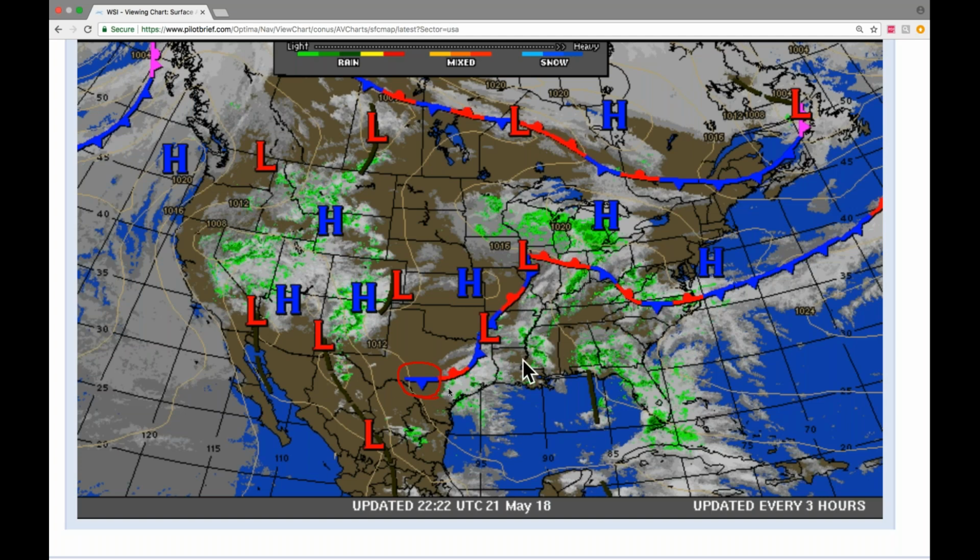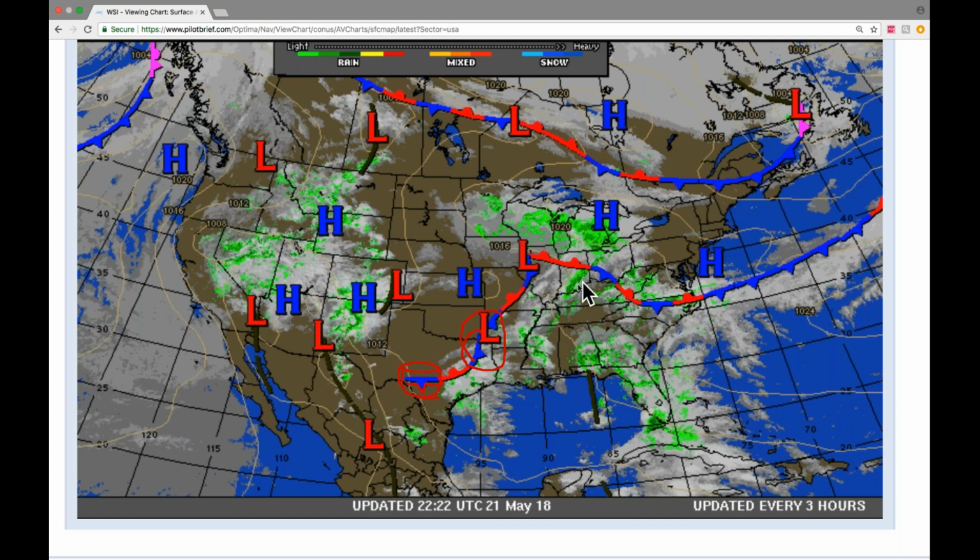Would be a high pressure front. Nope. So this would be what we call a cold front, okay? So think of a cold front. When you see this line here, think of these little spikes or peaks as icicles. So that's how we identify the cold fronts.